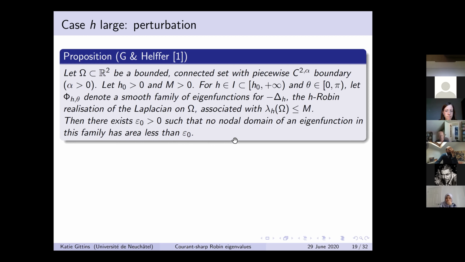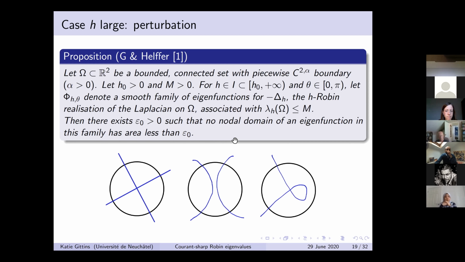And so the idea is, I start from the nodal partition for the Dirichlet eigenfunction corresponding to this eigenvalue, and let's say it has an interior critical zero. Here I have in blue what would be my nodal set.